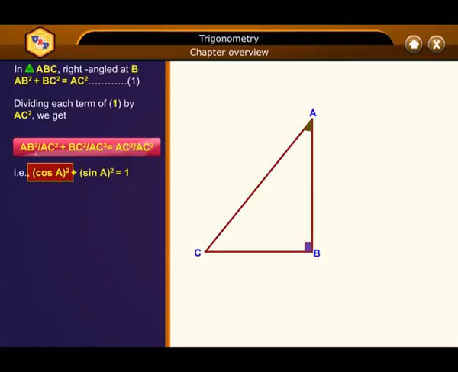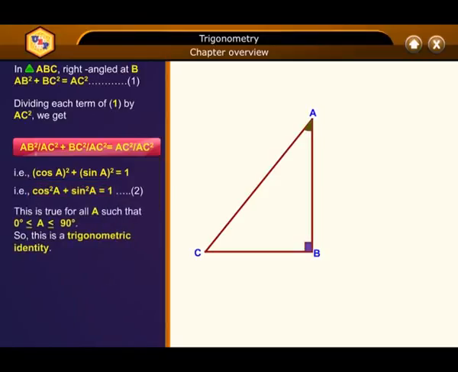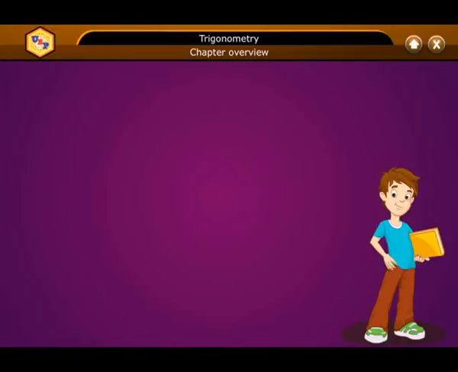That is, (cos A) whole square plus (sin A) whole square equal to 1. That is, cos square A plus sin square A is equal to 1. This is true for all A such that 0 degrees is less than or equal to A is less than or equal to 90 degrees. So, this is a trigonometric identity.